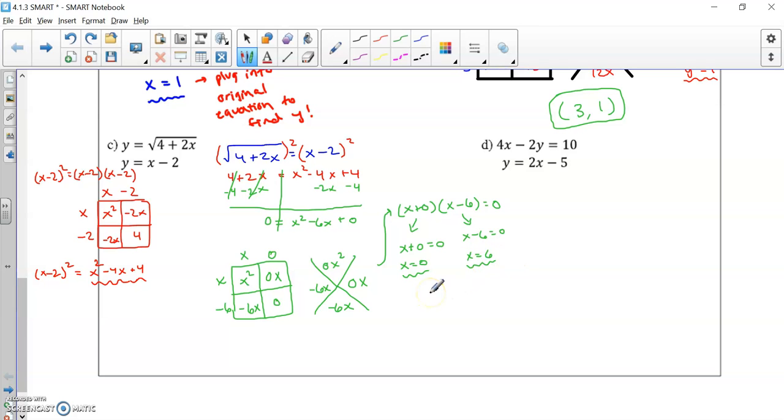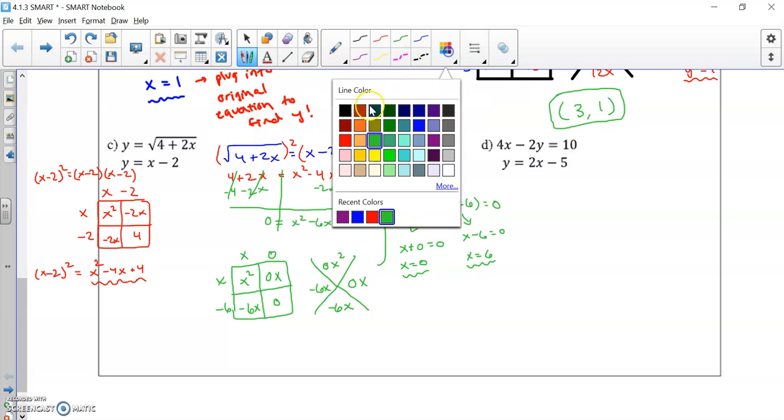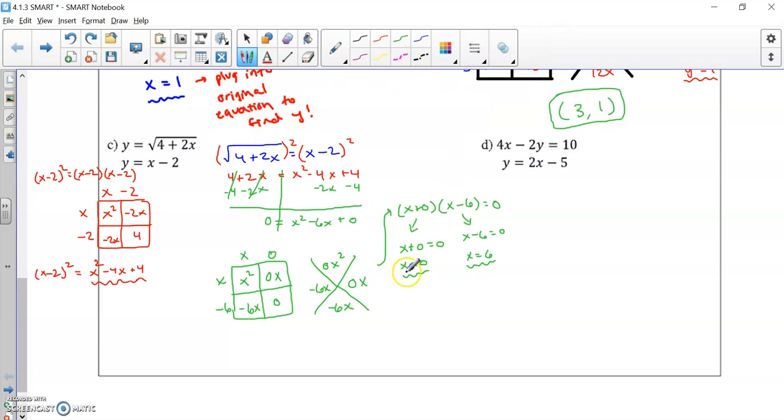So according to this, we have two solutions, which means we need to find two y values as well. So again, I'll just plug these x values into one of the original equations. I'm going to choose the second one because the first one just looks complicated. So when I plug 0 in for x in the second equation, I get y equals 0 minus 2.